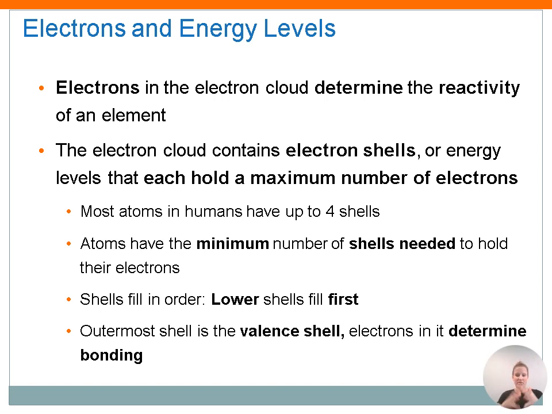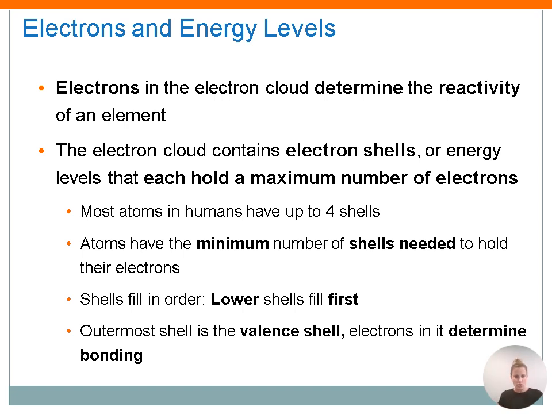Okay, now these shells fill in order. The lower shell fills first. So the first shell is going to fill up with electrons. If the atom still has more electrons, then it'll build out to the second shell and it'll put electrons in that shell. If that fills up, then it'll build out to the next shell and it'll put electrons in that shell.